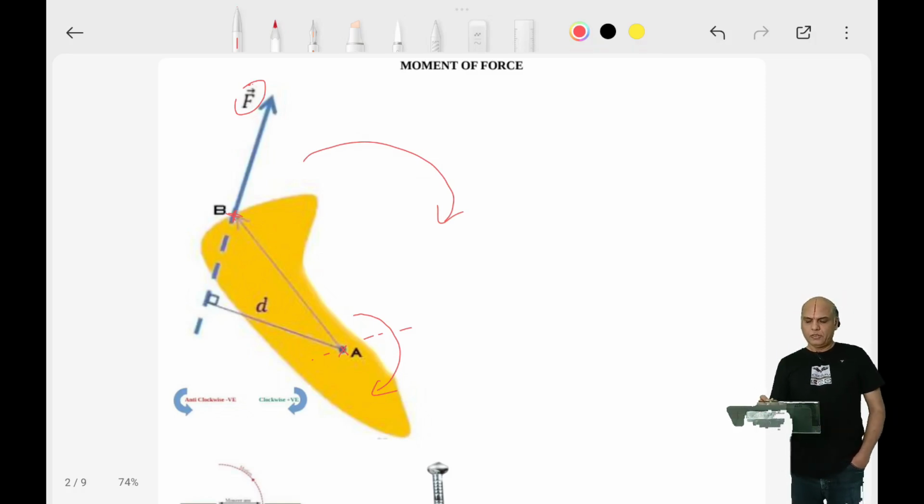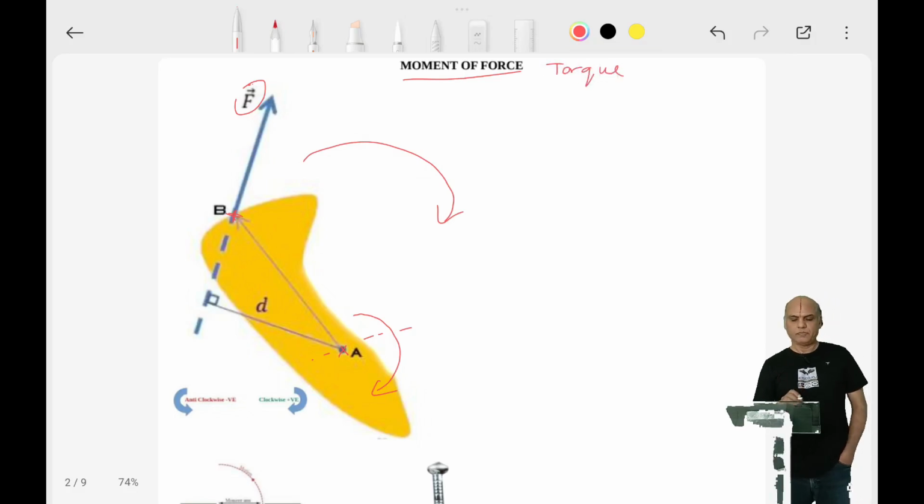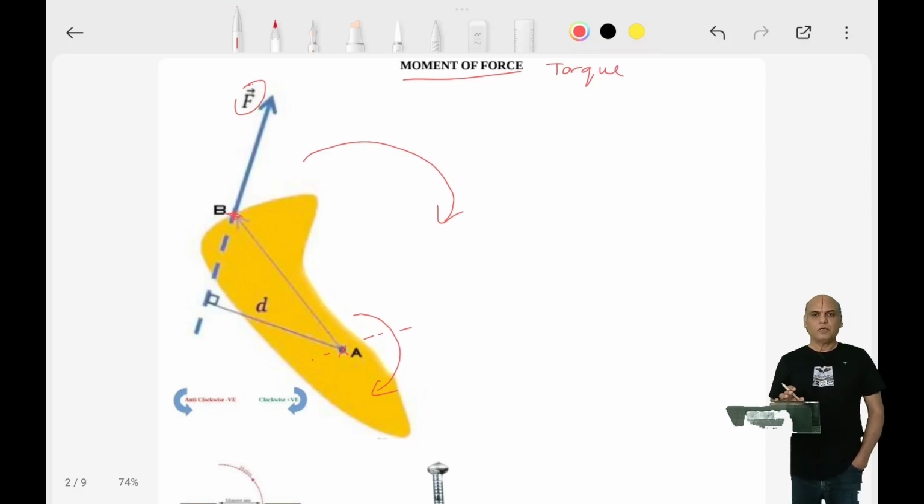This effect of application of force is called moment of force, which is also called torque. So moment of a force or torque is the turning effect produced by that force on the body about its axis of rotation.